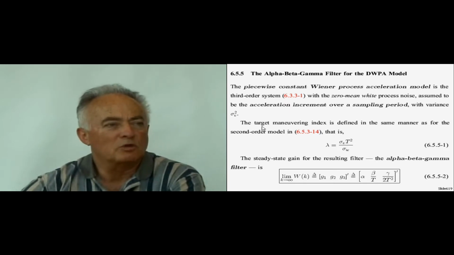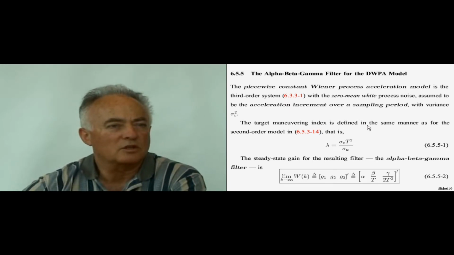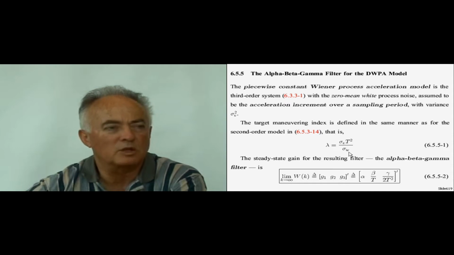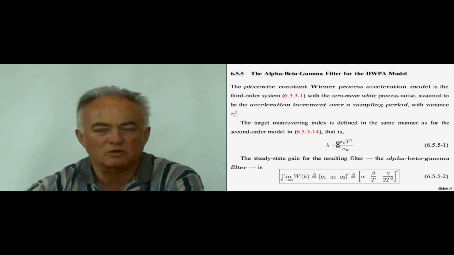The target maneuvering index is defined in the same manner as for the second order model. Lambda is sigma v T squared over sigma w, but now sigma v is acceleration increment as opposed to acceleration from the second order model.